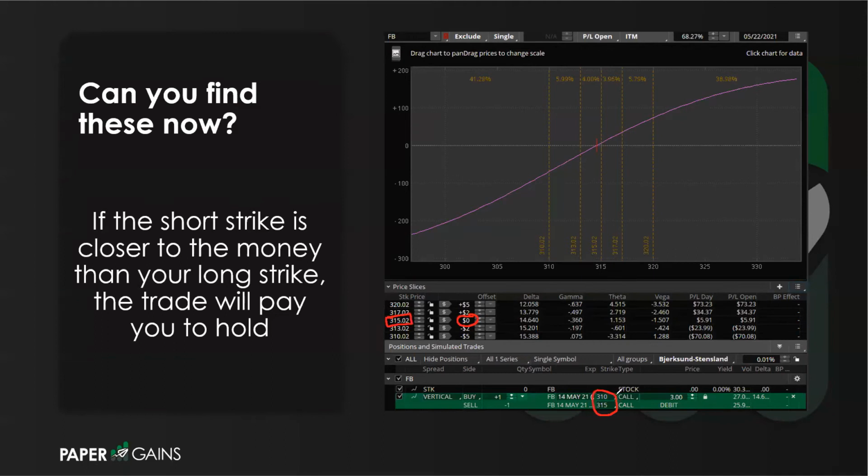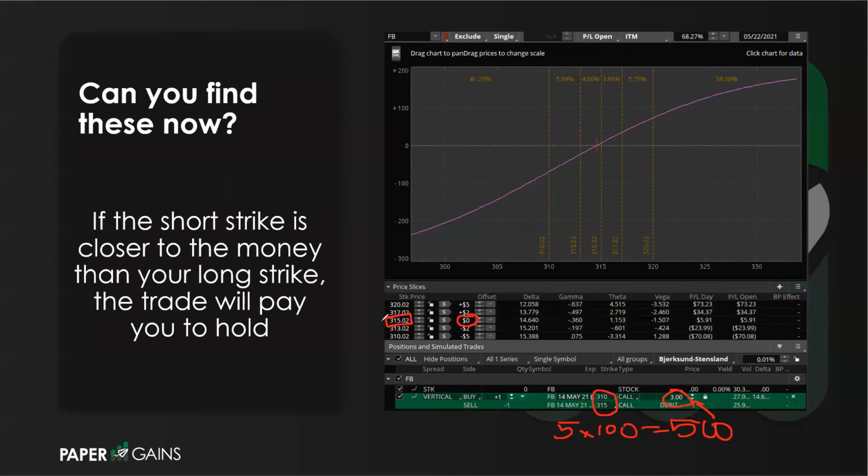This is very far in the money. The value should be $5 times 100, so it should be $500 value, but it's trading for $300 as of last night. So this is going to tell me I have actually a $200 profit if what happens?